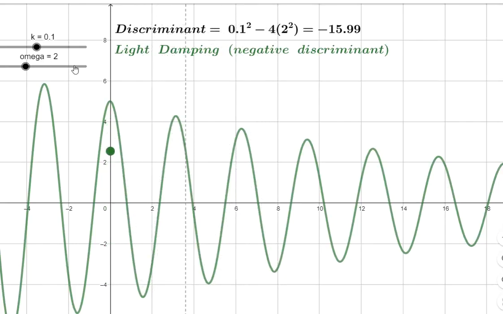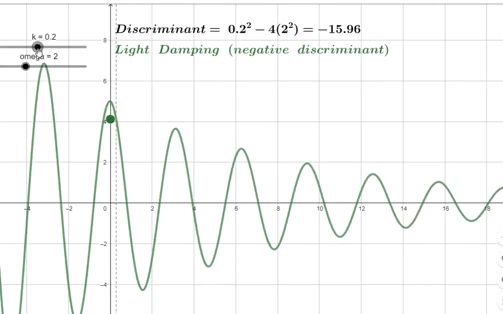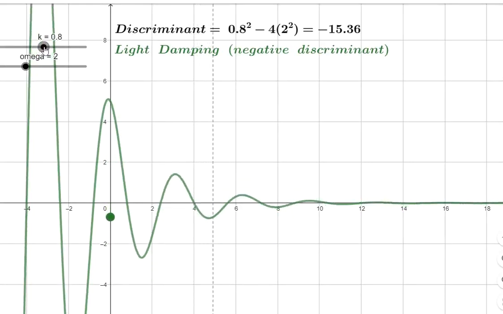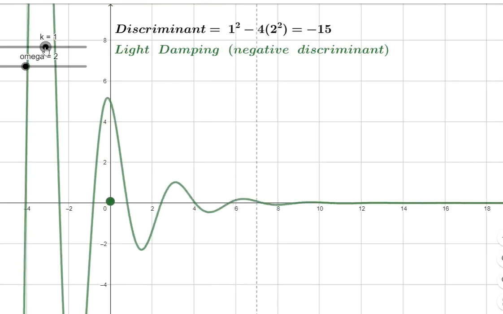So the amplitude, as time goes by, that might change. This is much more realistic when we're considering a real life scenario. If you've got something oscillating, then it's not going to oscillate forever. It's going to gradually reduce the amplitude of its oscillations and settle down towards its equilibrium point as time goes by. Now, the greater the force we have there, the more rapidly it shrinks in amplitude.